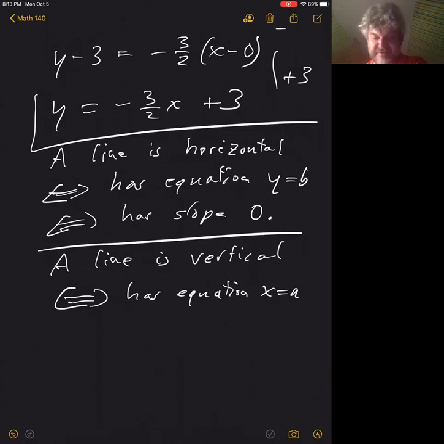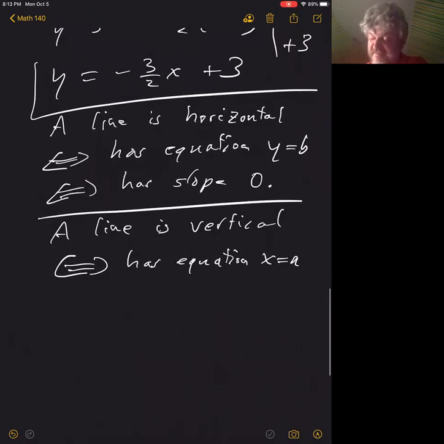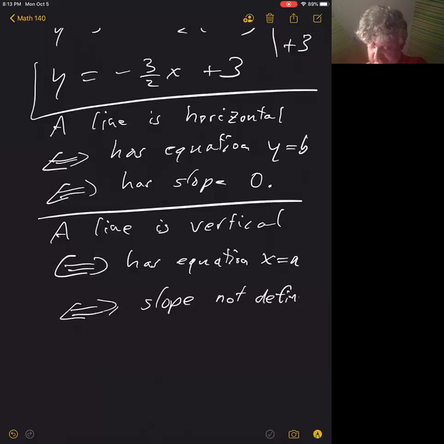That's all not hard. It really gives you the vertical lines. And that happens exactly if the slope of it is not defined. It doesn't make sense to talk about the slope of such a line.